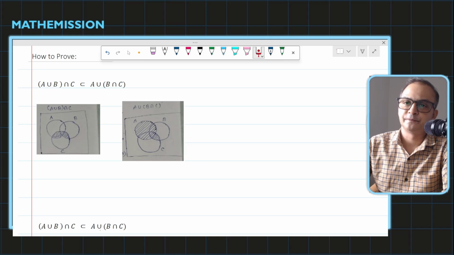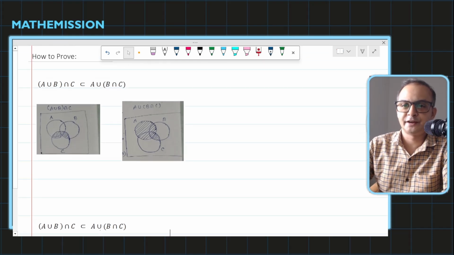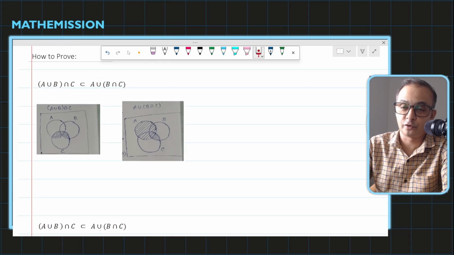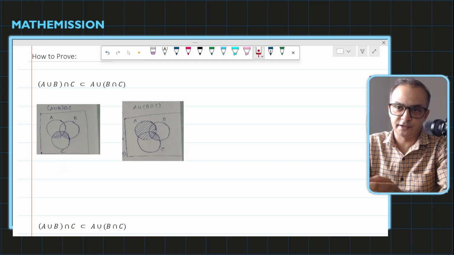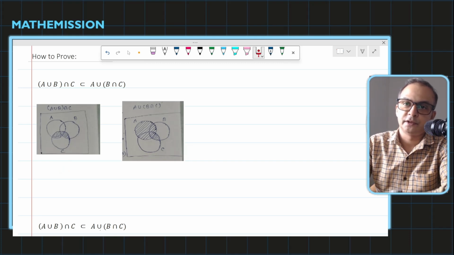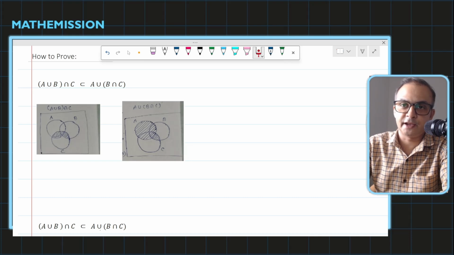So the thing is, A union B intersection C, when we draw the Venn diagram, this is the left hand side Venn diagram, this is the right hand side Venn diagram, and you can compare it, you can easily see that the statement is valid, because the left hand side says A union B intersection C, which is this region.